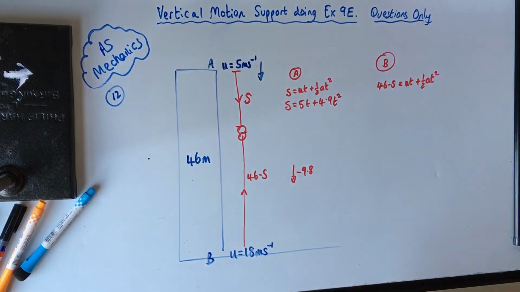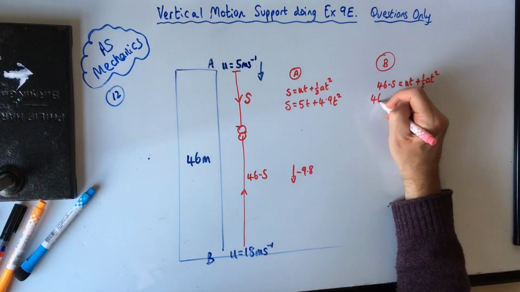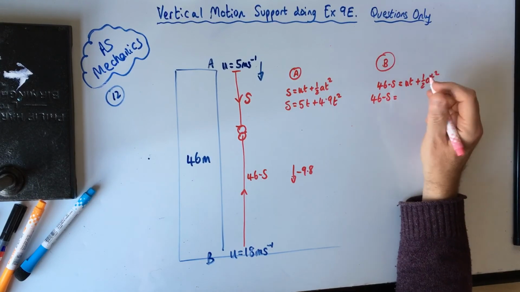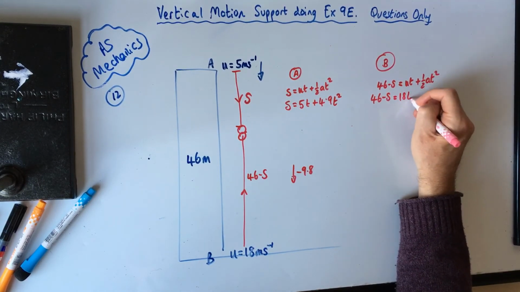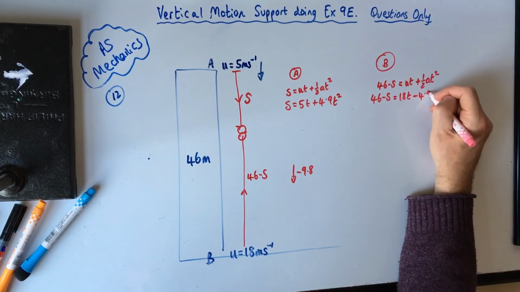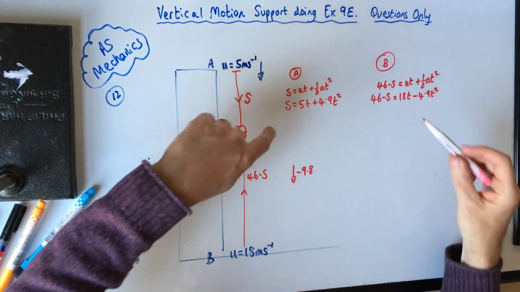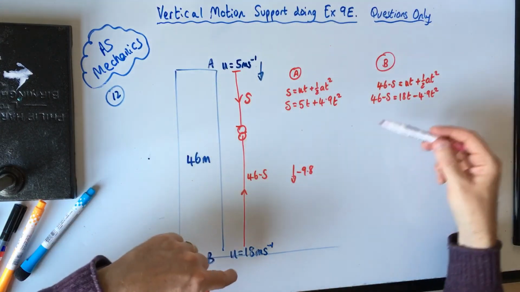So 46 minus S is equal to 18t minus 4.9t squared.